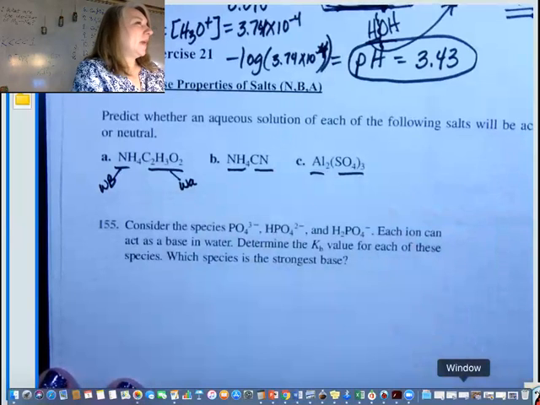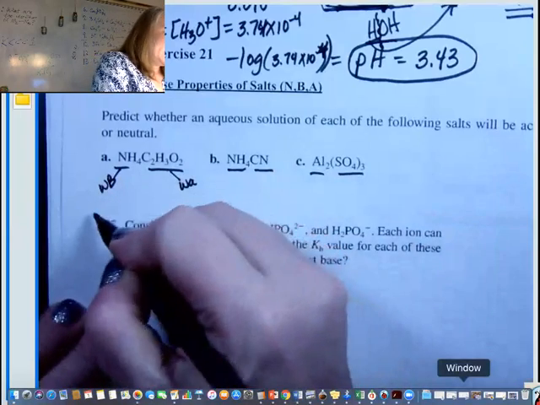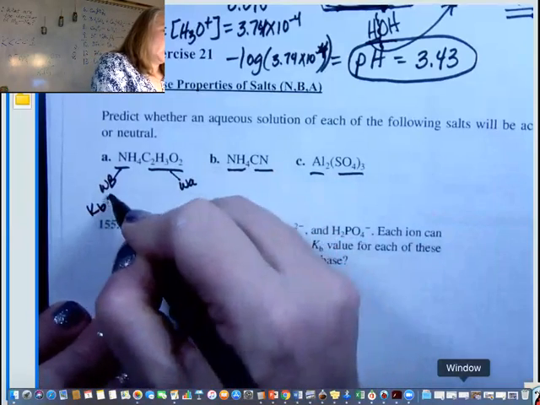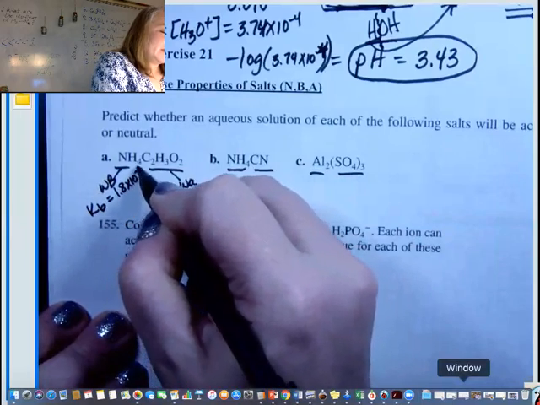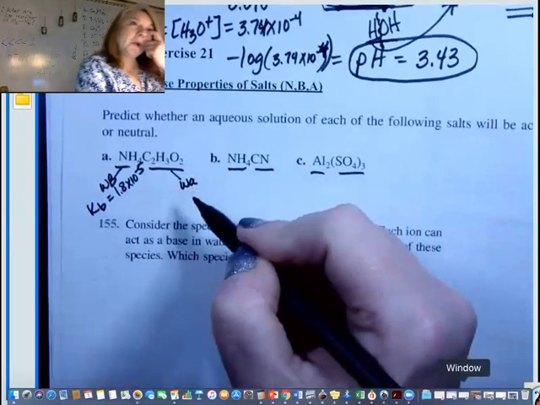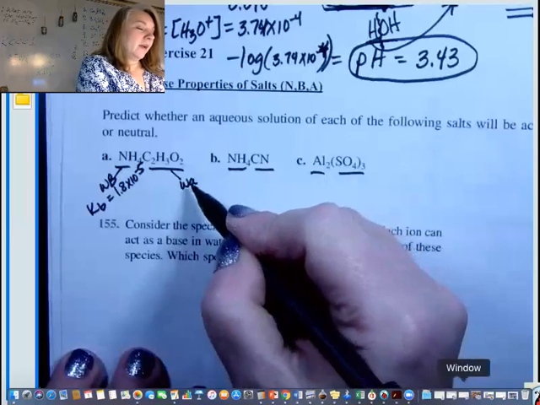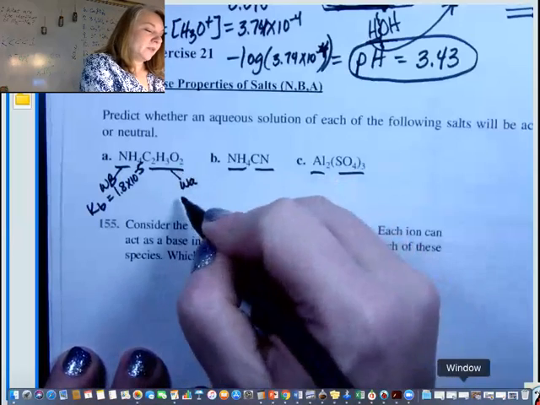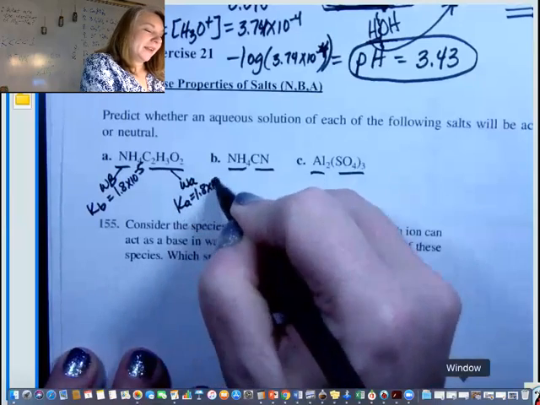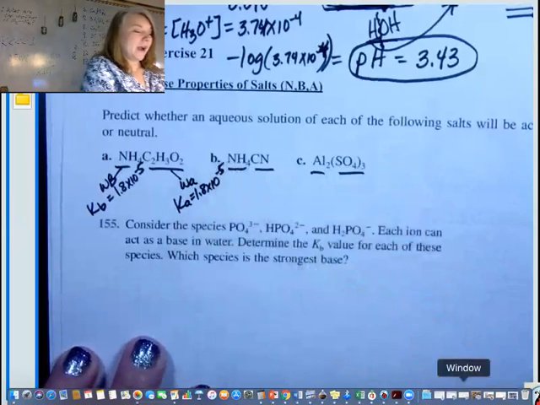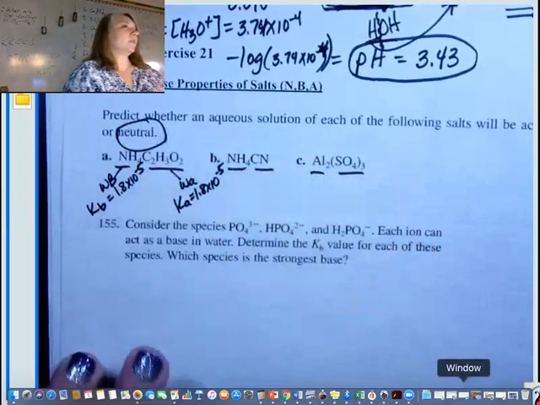This one will actually be neutral, but only for this reason. The Kb of NH4 happens to be 1.8 times 10 to the negative 5th. The Ka for acetic acid happens to be 1.8 times 10 to the negative fifth. So you guys are right in that we come up with a neutral solution.